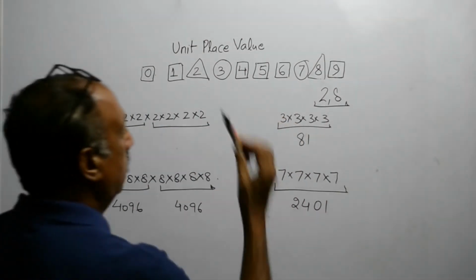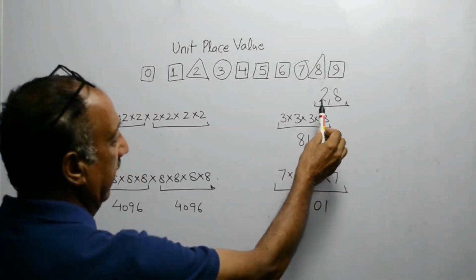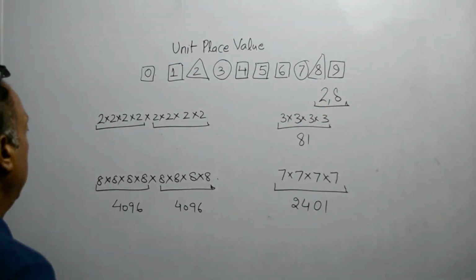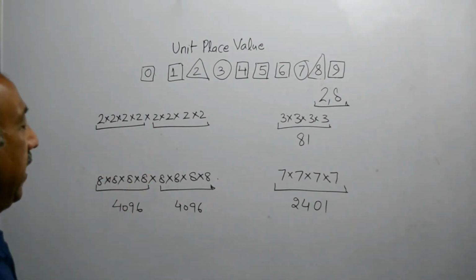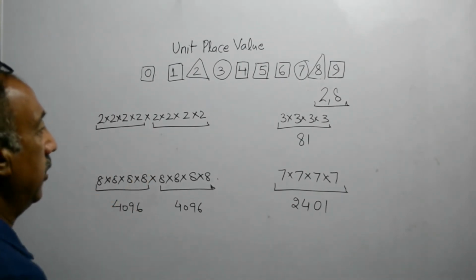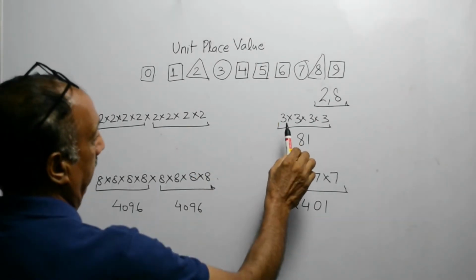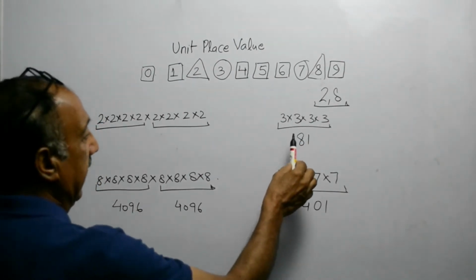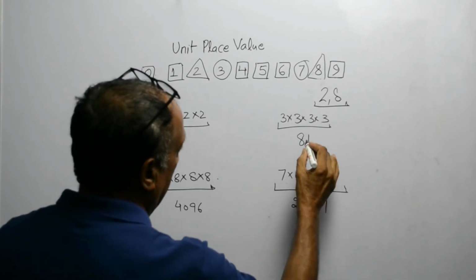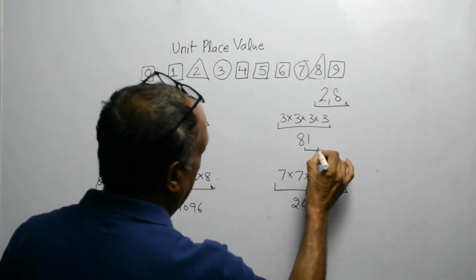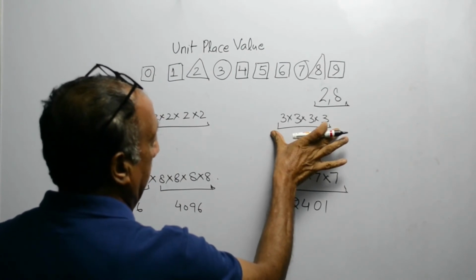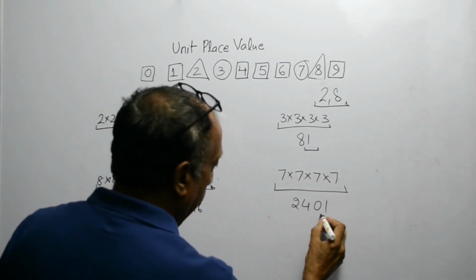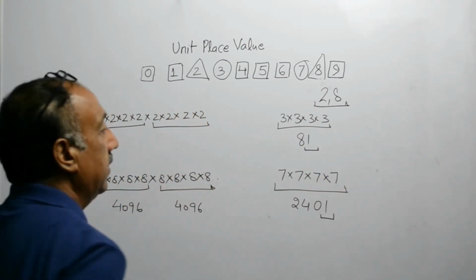Now let us solve the last category of digits, that is 2 and 8. The method of solving 2 and 8 is exactly similar to the method of solving 3 and 7. In case of 3 and 7, we get 1 as the last digit when we multiply a block of 4 threes or a block of 4 sevens.